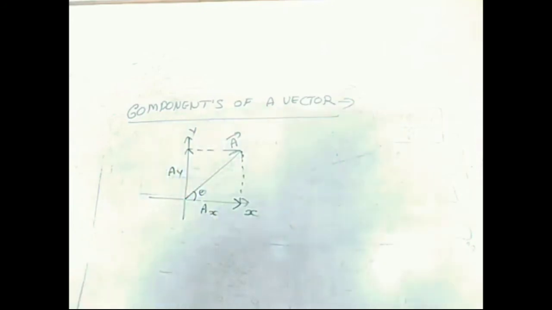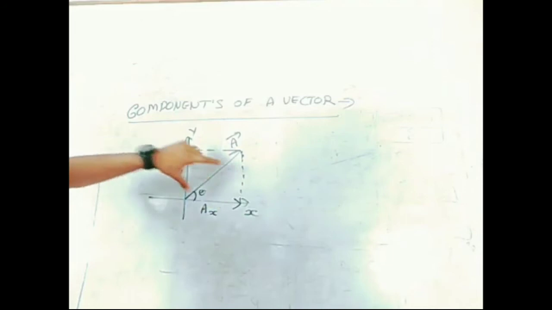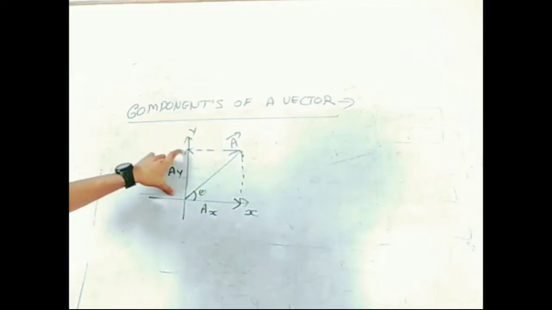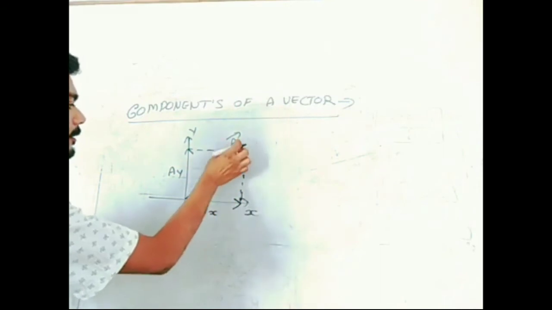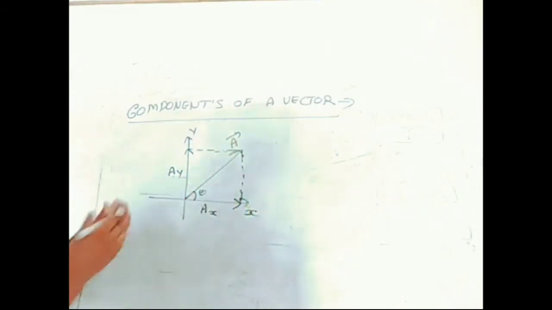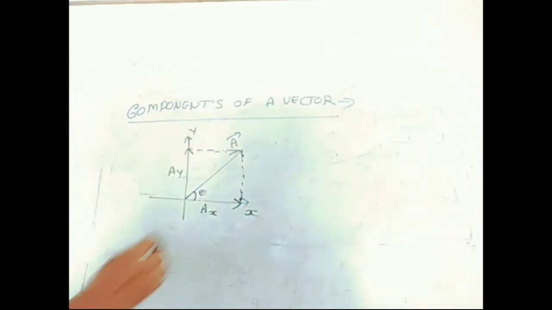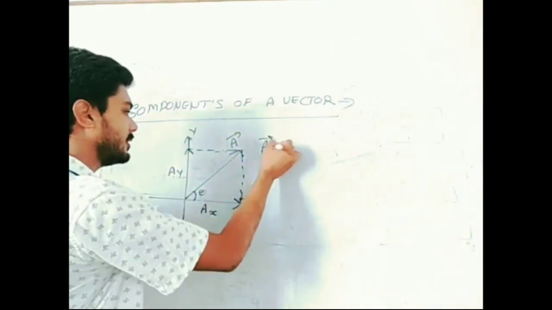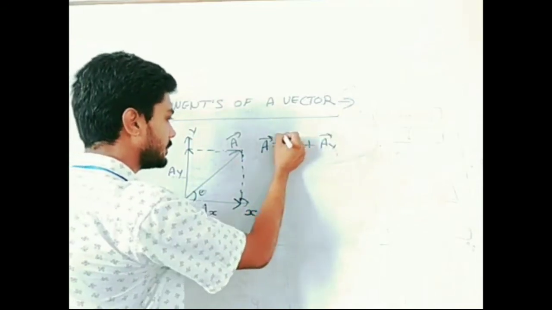We say that the x component of A is ax and the y component of A is ay, because when we join the head of this vector to the x and y axes, we obtain the parallelogram. The parallelogram law says that vector A is equal to the sum of ax and ay.